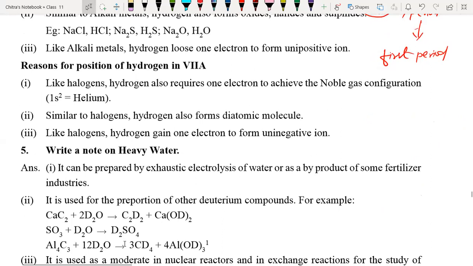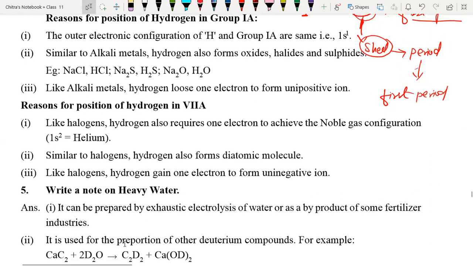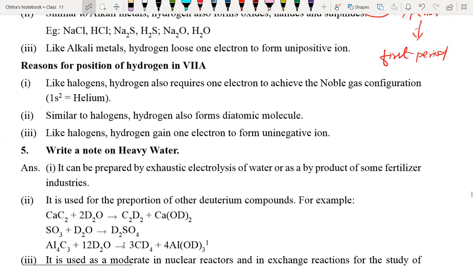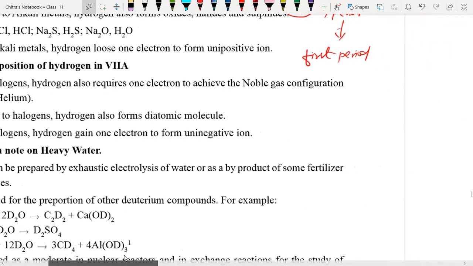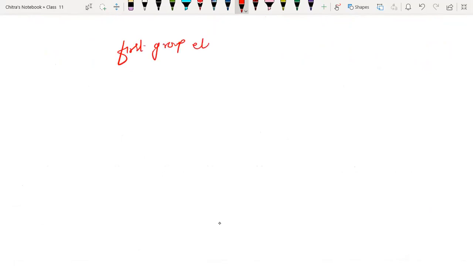Okay. So now the reason for the position of hydrogen in 17th group. See, hydrogen is the element which is showing properties of first group elements as well as 17th group elements. I'll explain how.